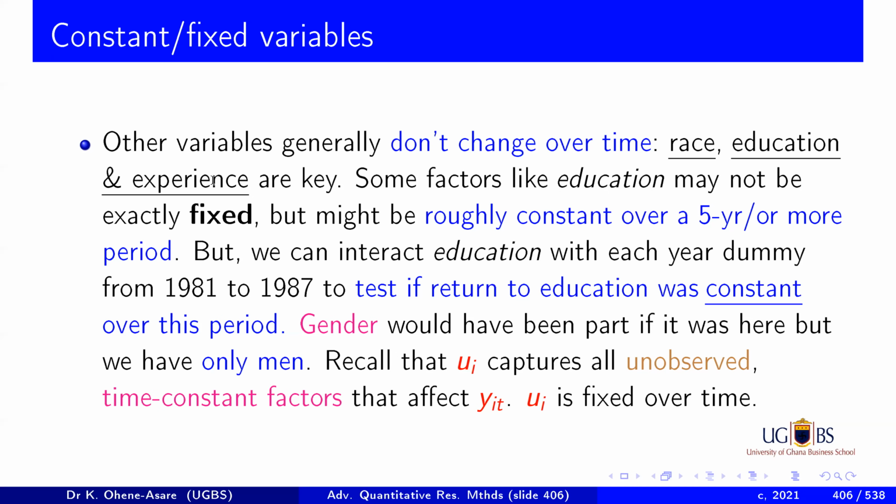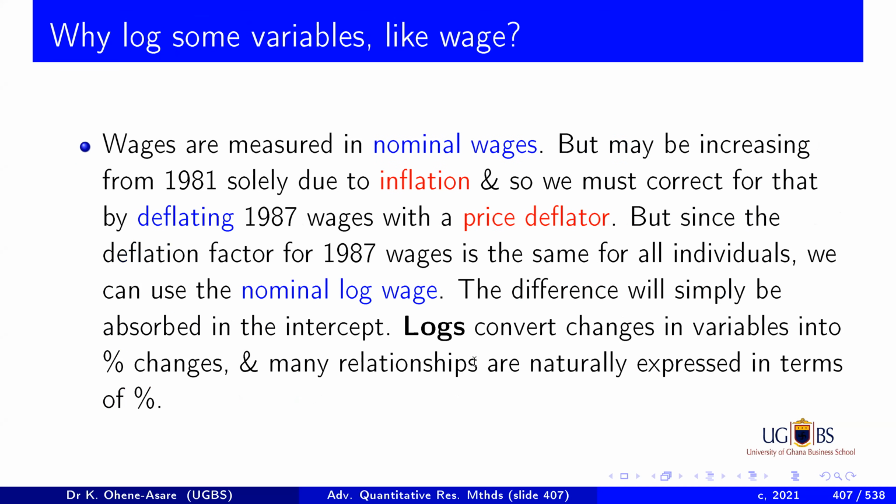But remember, we have only men. Now, the unobserved heterogeneity, the u_i, captures all of these fixed variables. So the variables that are fixed will all be contained inside the unobserved heterogeneity. So keep some of those things in mind.